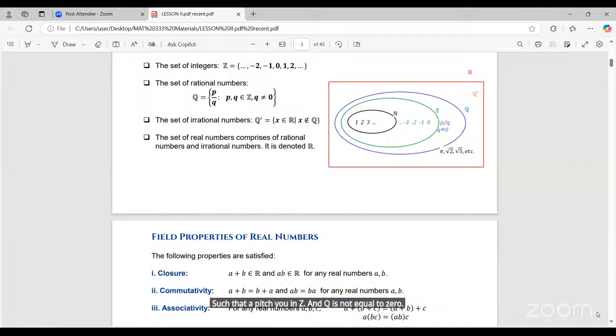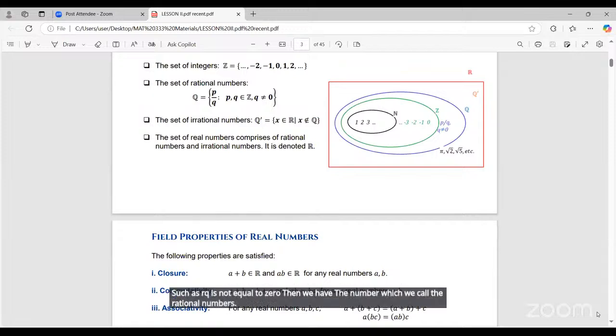Whenever q is equal to 0, we have the number to be what? Undefined. So if we have p over q such that q is not equal to 0, then we have the number which we call the rational numbers.